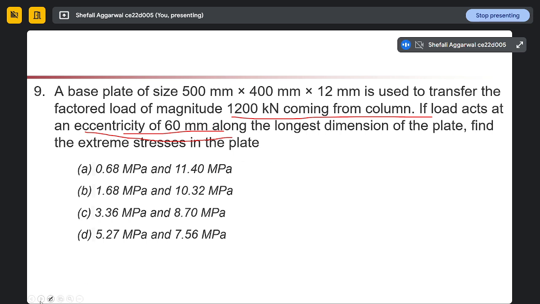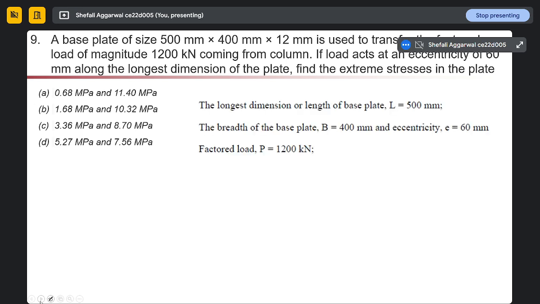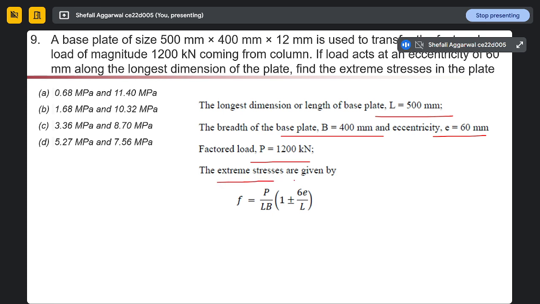So in this case, first we will get what all is given to us. Length of base plate 500 mm, width 400 mm, eccentricity 60 mm, and the effective load is given as 1200 kilonewton. Extreme stresses are given by, this was the formula we have seen previously, f is equal to P upon LB, 1 plus minus 6e upon L. So all of these things are already given to us.